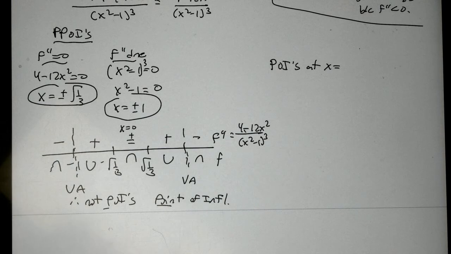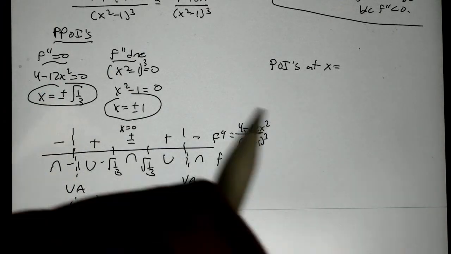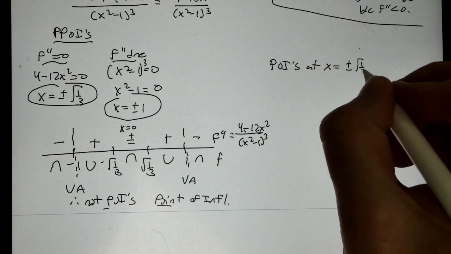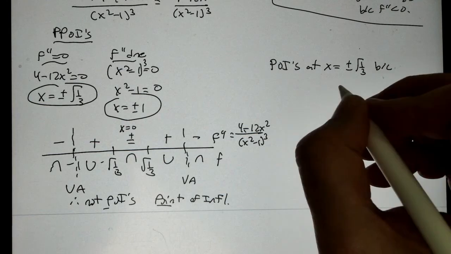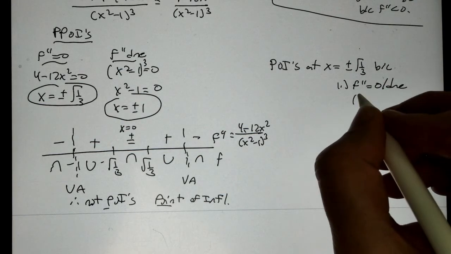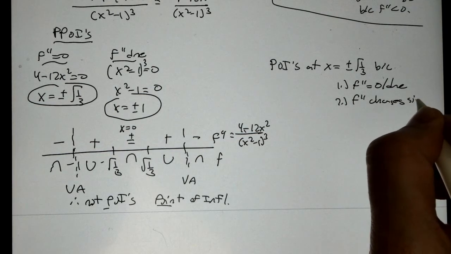So if it's not a point, it can't be a point of inflection. So the only ones that will work are plus or minus 1 over root 3, and that is because 1, the second derivative is 0 or DNE, and 2, the second derivative changes signs.